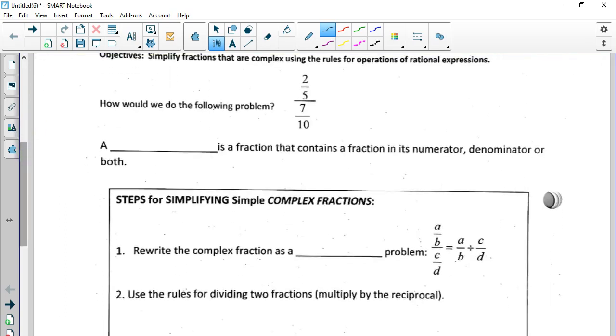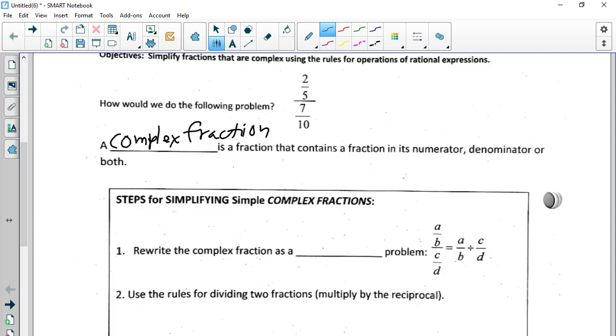All right. How do you do the following problem? 2/5 divided by 7/10. So that's a fraction divided by a fraction. Well, a complex fraction, our new term, is a fraction that contains a fraction in its numerator, denominator, or both.